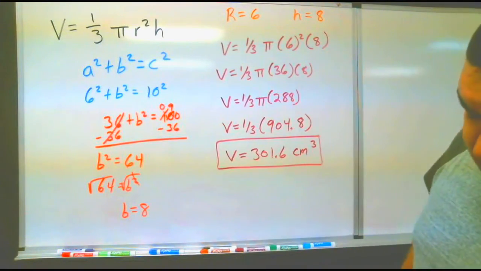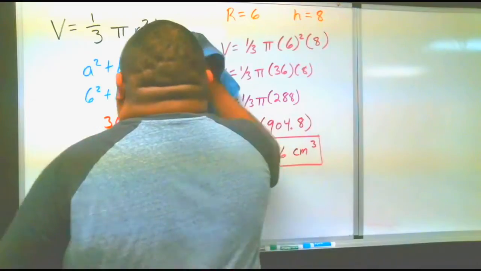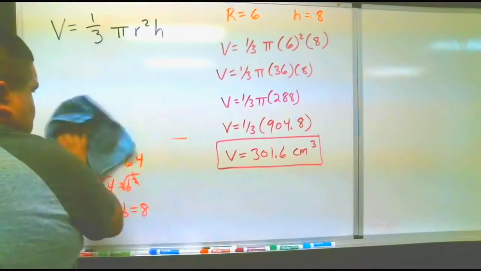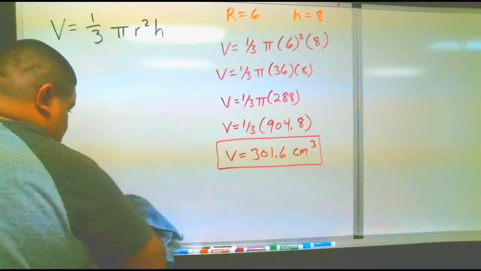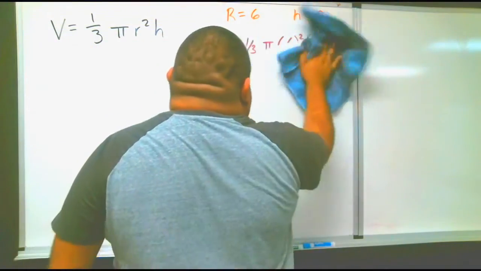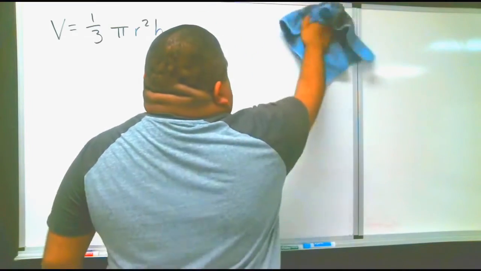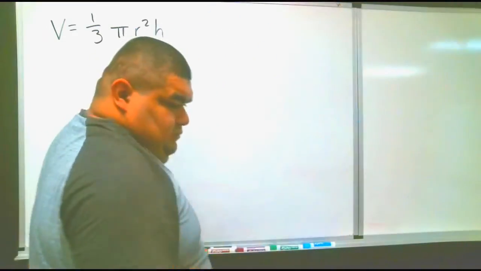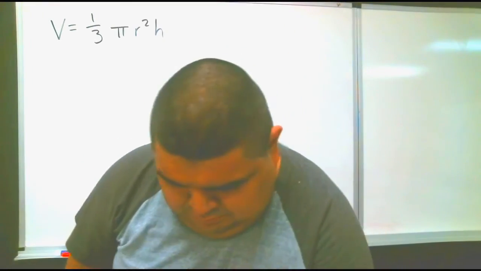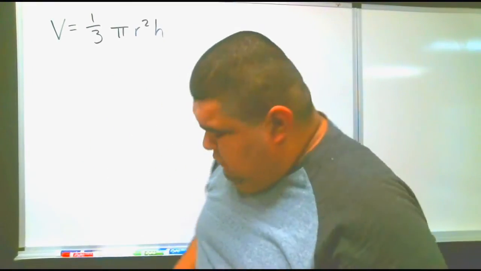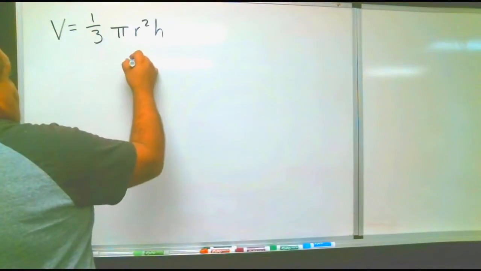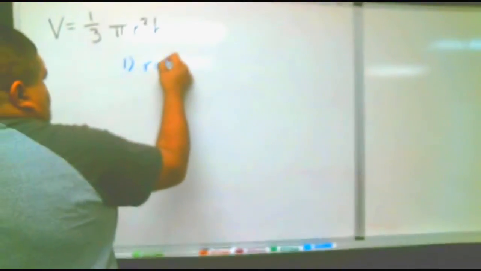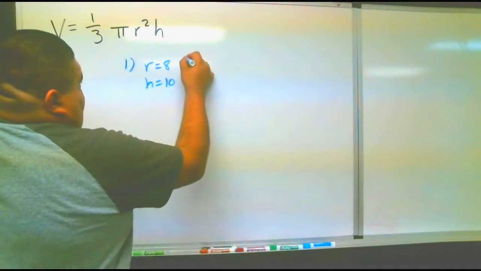All right guys, your assignment for today. For your first one, you have a radius of 8 and a height of 10. That's all in feet.